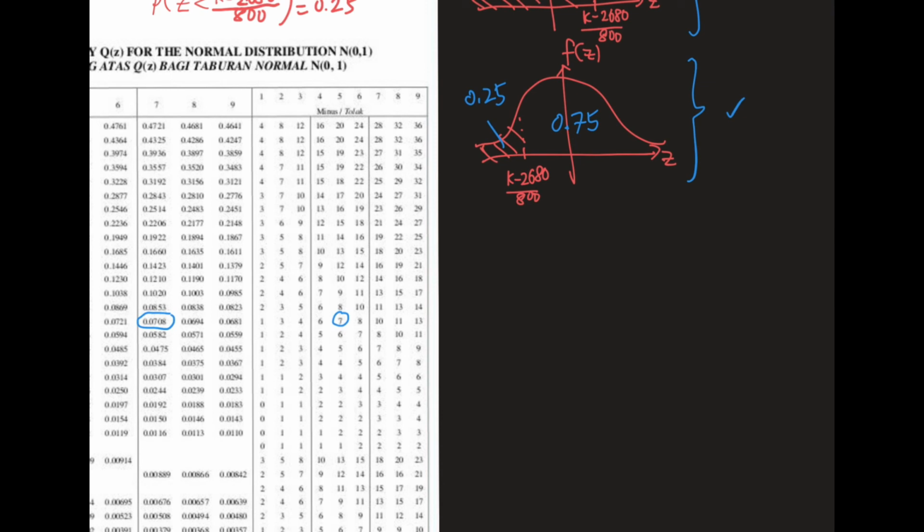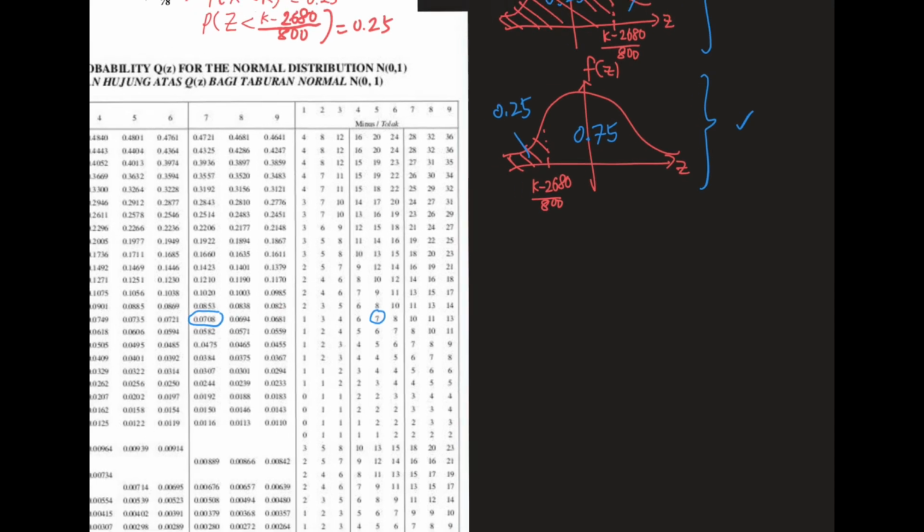Okay, so now we know that the z-score is a negative value. Remember the idea of negative z-score: it helps us find probability on the left. So if the z-score is negative, it finds the probability on the left. Now we have to do it the other way around.